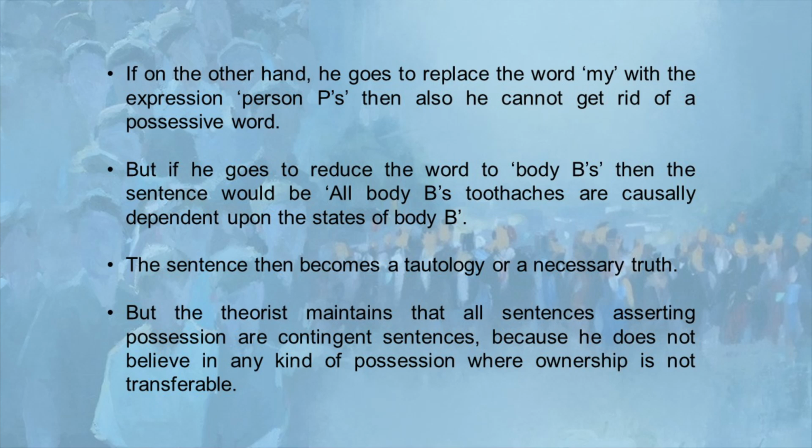But if he goes to reduce the word to body B, then the statement would be all body B's toothaches are causally dependent upon the states of body B. Obviously, the sentence becomes a tautology or a necessary truth. But the theorist maintained that all sentences asserting possessions are contingent sentences, because he does not believe in any kind of possessing where ownership is not transferable.